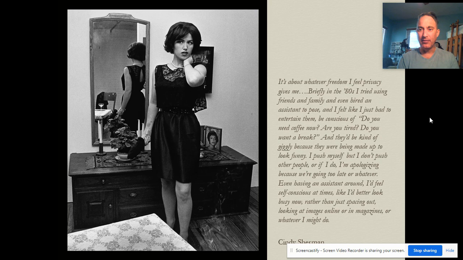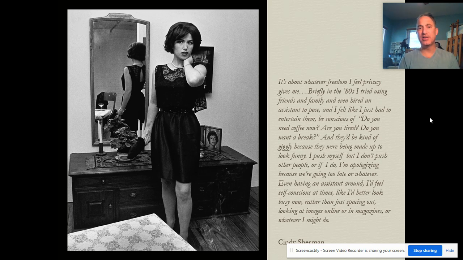I push myself, but I don't push other people. Or if I do, I'm apologizing because we're going too late or whatever. Even having an assistant around, I'd feel self-conscious at times. I'd better look busy now rather than spacing out and just looking at images online or in magazines or whatever I might do."